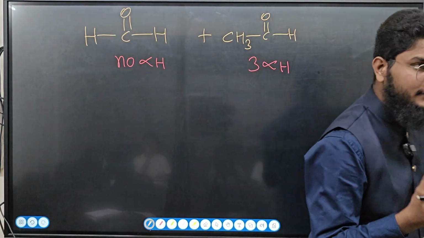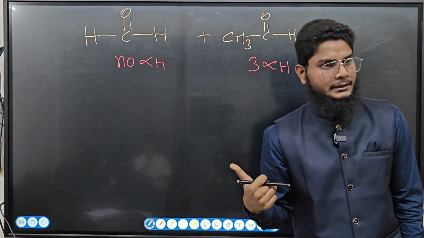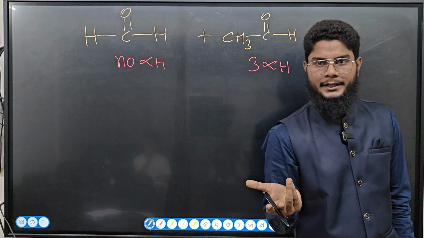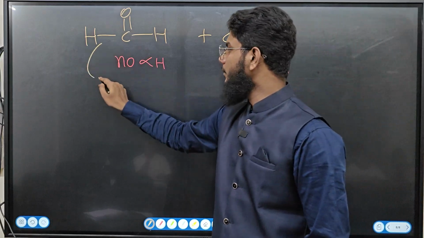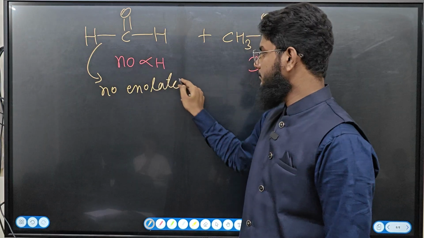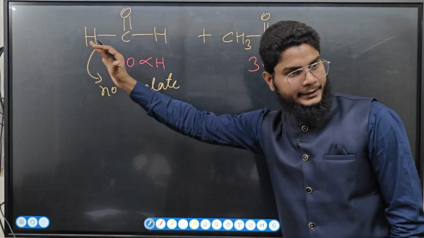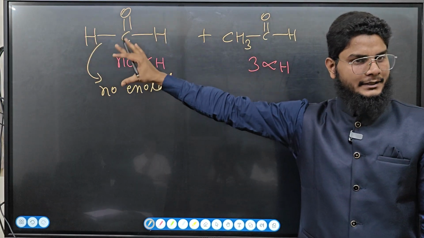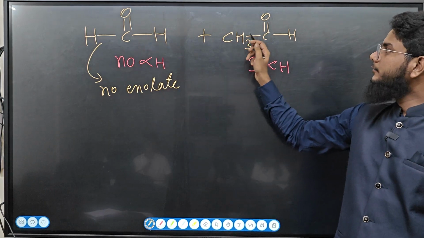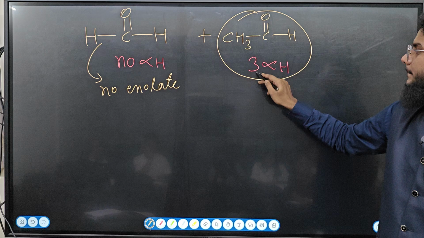If you don't have alpha hydrogen, can we get enolate? No, we cannot get enolate ion. So there is no enolate formation. No enolate means it cannot attack. So enolate formation only happens here.